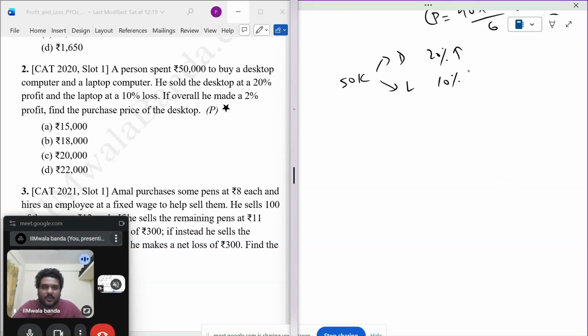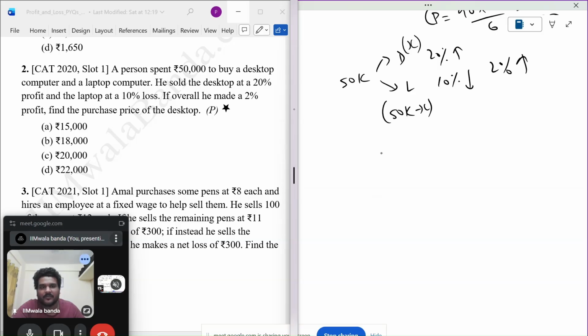Laptop at 10% loss. If overall he made a 2% profit, find the purchase price of the desktop. So let's assume this as X because as soon as you get X, you will search for the option. So it's always better to assume X is what we need to find. So the laptop automatically becomes 50,000 minus X. And these are both the cost price because he spent this much money to buy these.